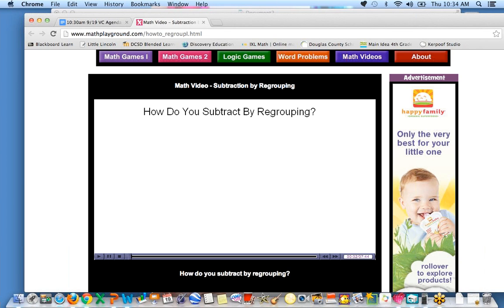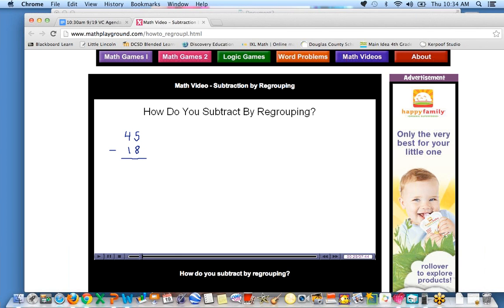How do you subtract by regrouping? Well, let's take a look at a 2-digit subtraction problem. How about 45 minus 18? Now let's take a closer look at the number 45. 45 contains 4 tens and 5 ones.